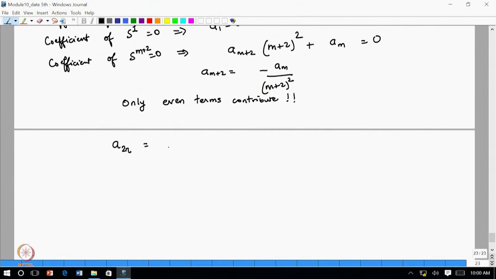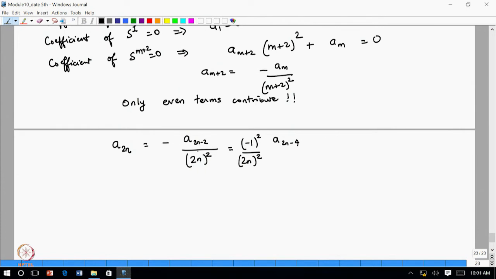I can write this as minus a of 2n minus 2 divided by 2n square, and I can write this further as minus 1 square a of 2n minus 4.